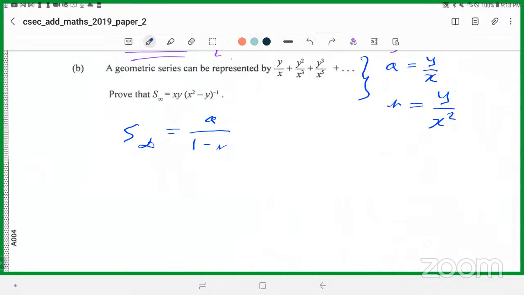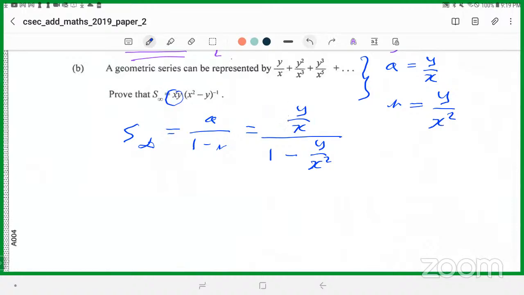It's a proof. So the first thing I'm going to have is my Y over X on the numerator there. And then I'm going to have 1 minus this on the denominator here, which is Y over X squared. And then I want to get rid of this X squared on the denominator, and I realize that this is an XY, and I want to produce the XY from this.